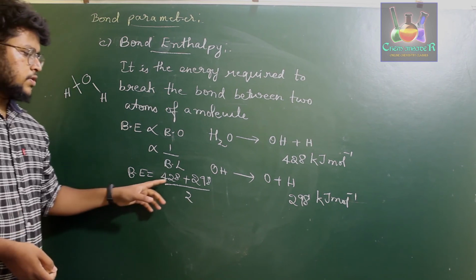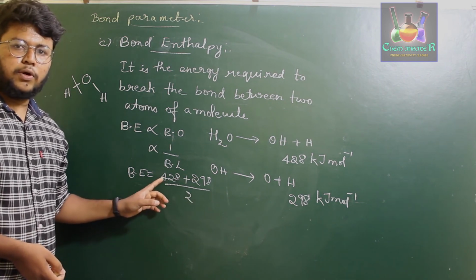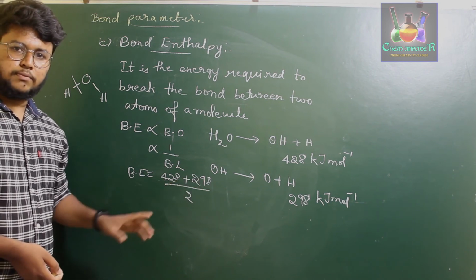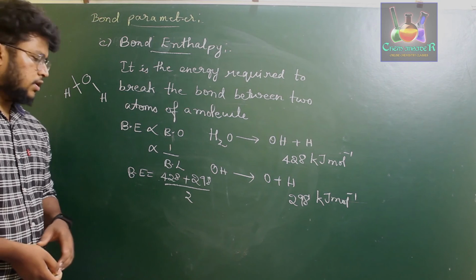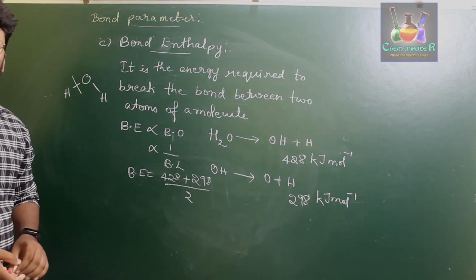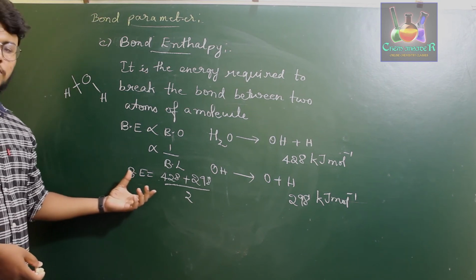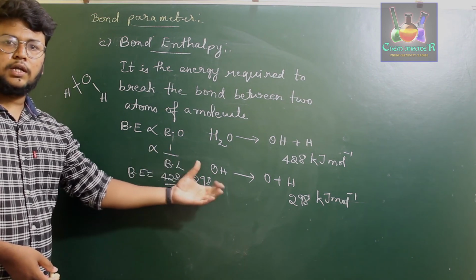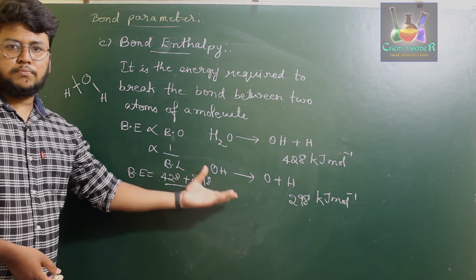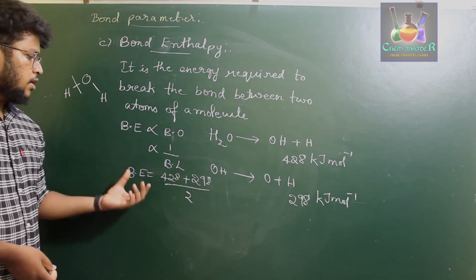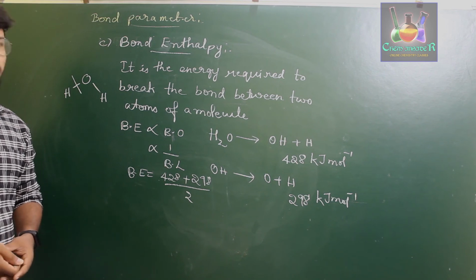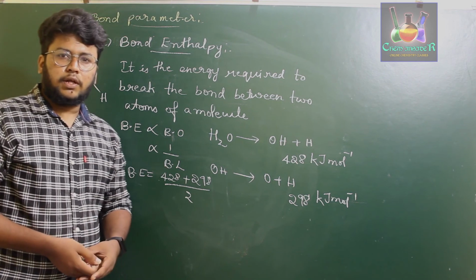That is, bond enthalpy is equal to the sum of the bond enthalpies of all the bonds broken divided by the number of bonds broken. That gives us the bond enthalpy of polyatomic systems. Okay, so this is all about bond enthalpy.